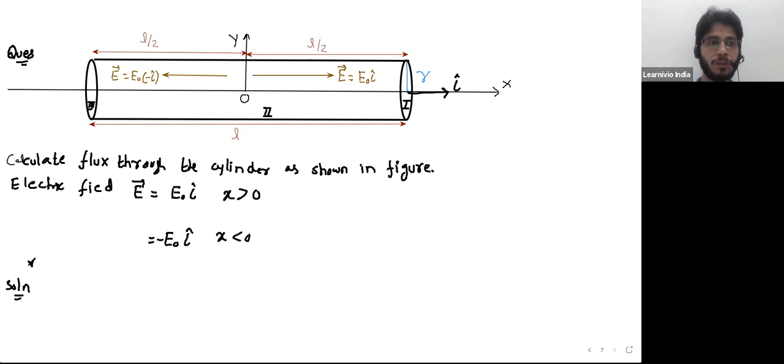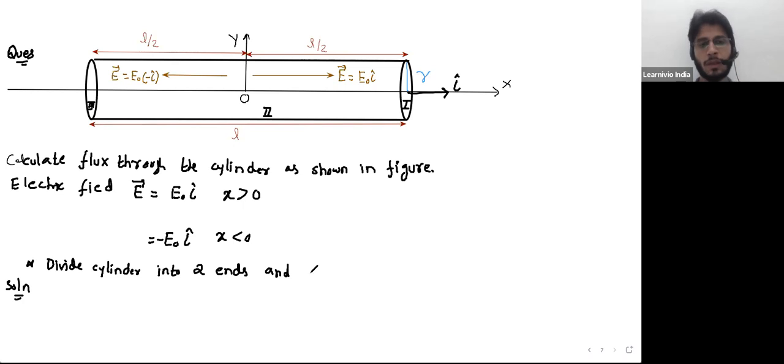Always remember this statement: divide the cylinder into two ends and one curved surface, and then we can calculate the flux.